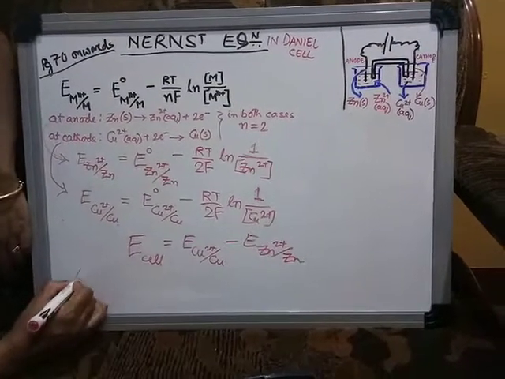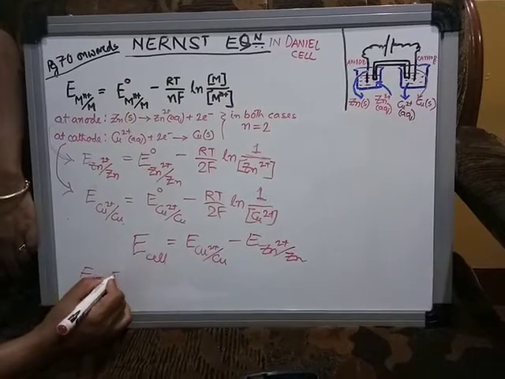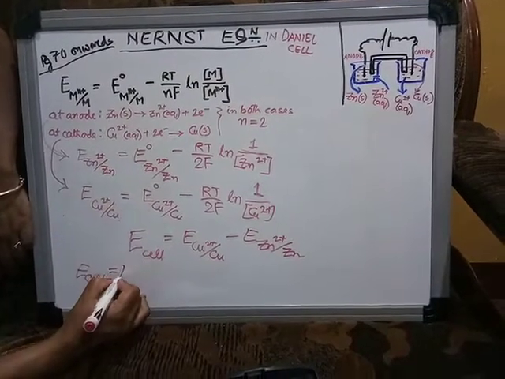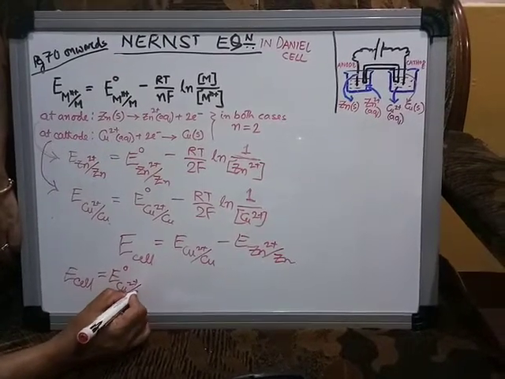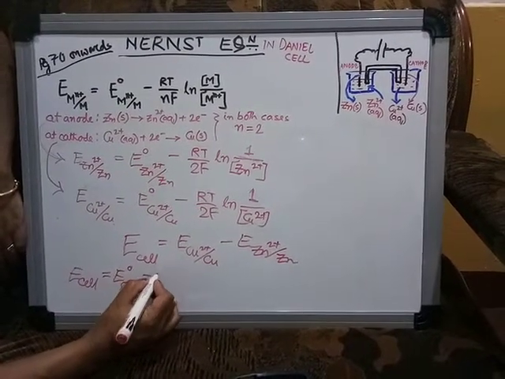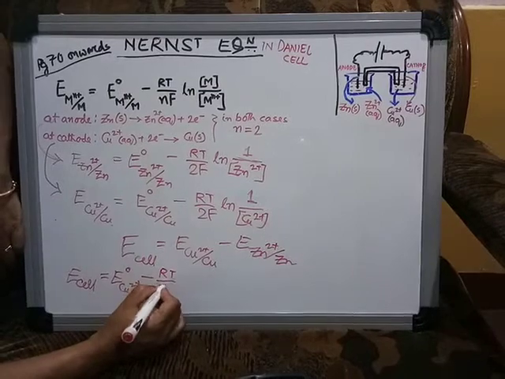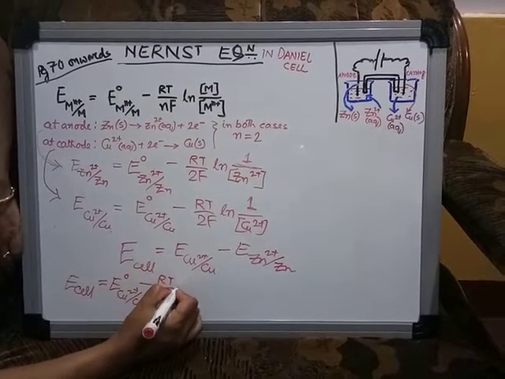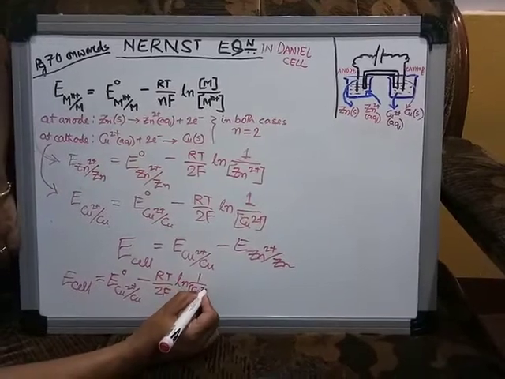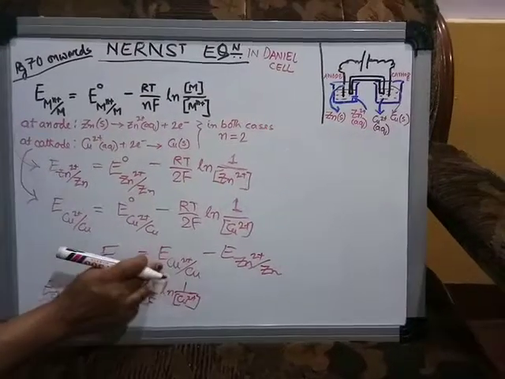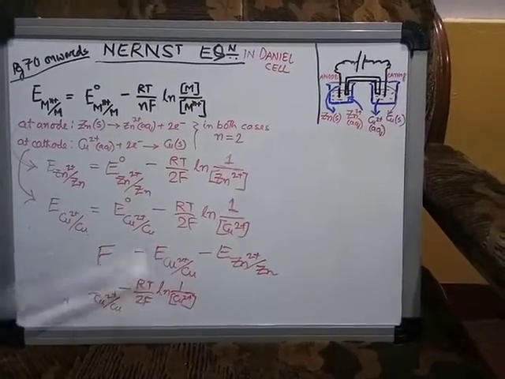We will get E cell is equal to E0 Cu2+/Cu minus RT by 2F ln 1 by concentration of Cu2+. This is from the cathode.